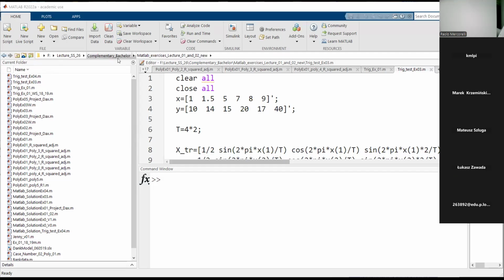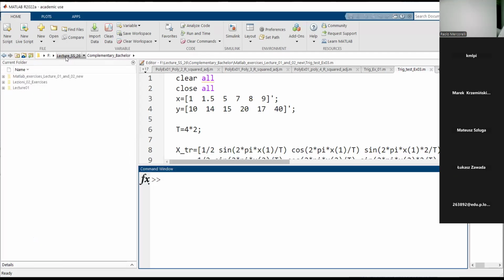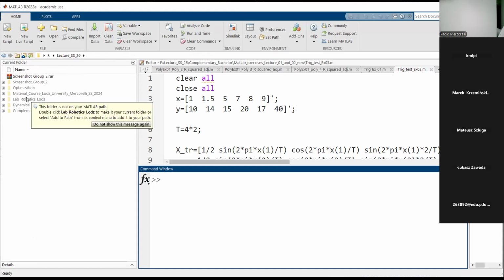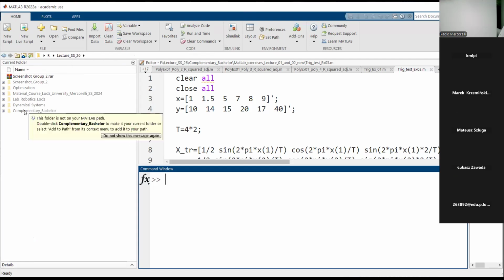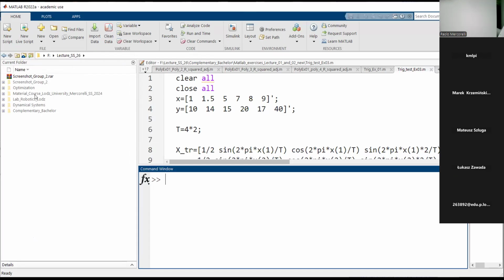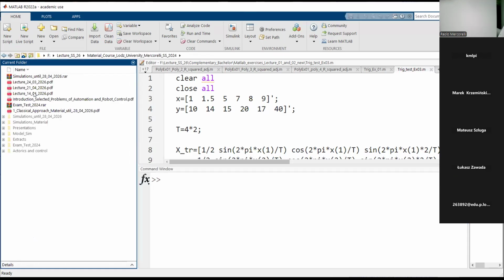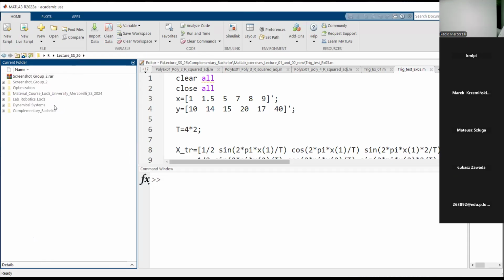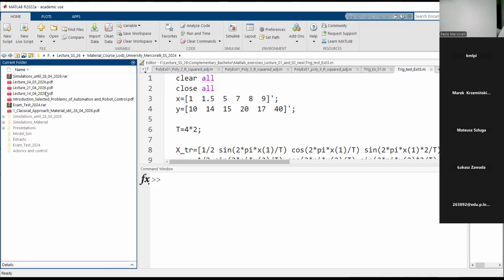let me open the file. Okay, here. No, I didn't put probably. Okay, just 1 second. I look in another folder. Oh, I put it. I don't remember.